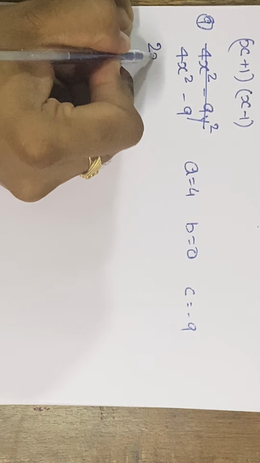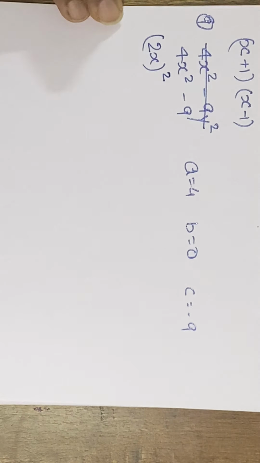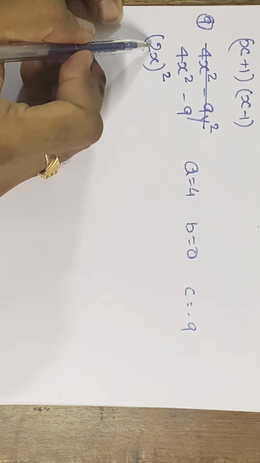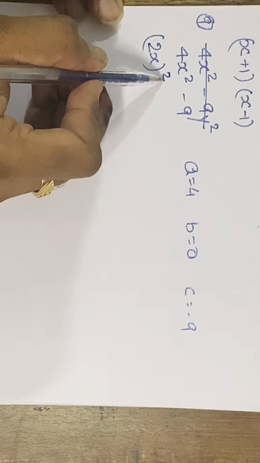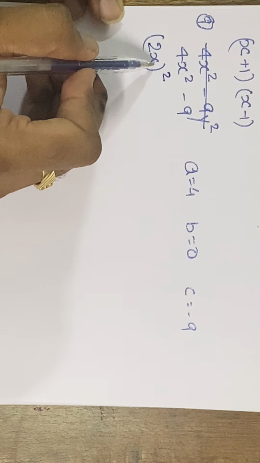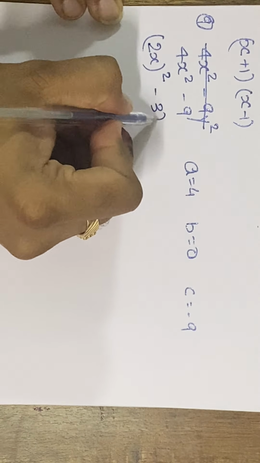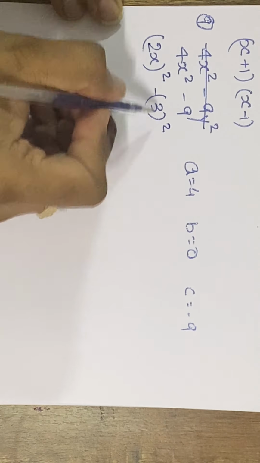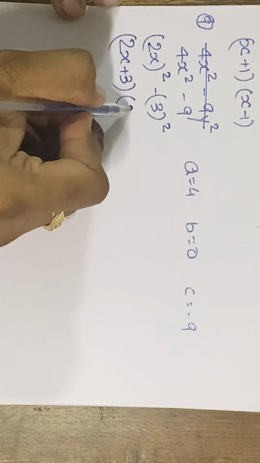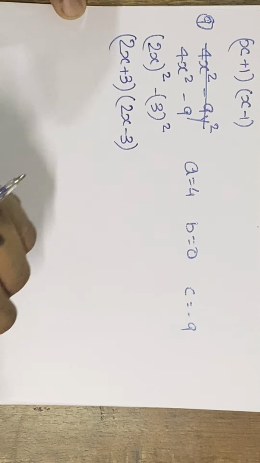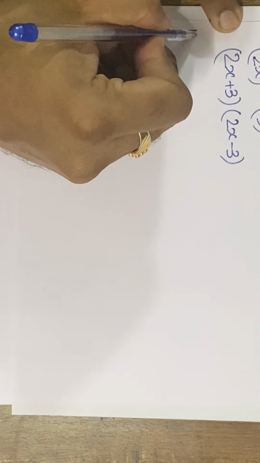You can write this as 2x whole square. See, 2x whole square, I am teaching this in indices also, that the power 2 of 2x whole square means this square applies to both these terms. Okay, so 2 square is 4, x square minus 3 square. Again, a square minus b square can be written as a plus b and a minus b. Okay.